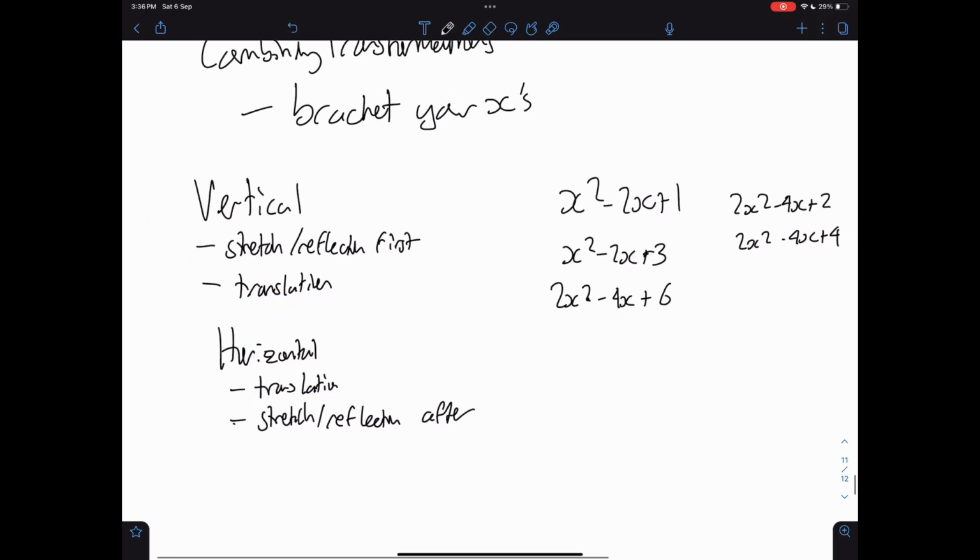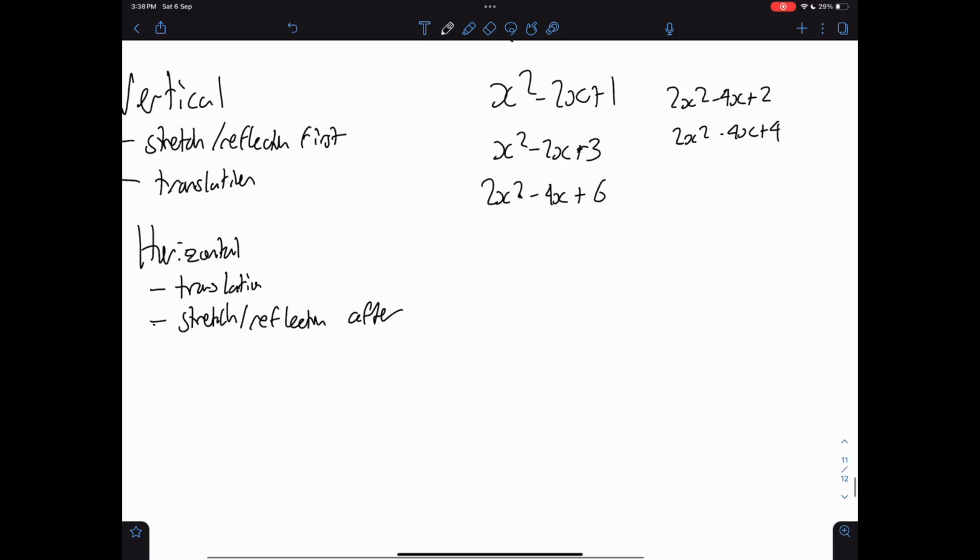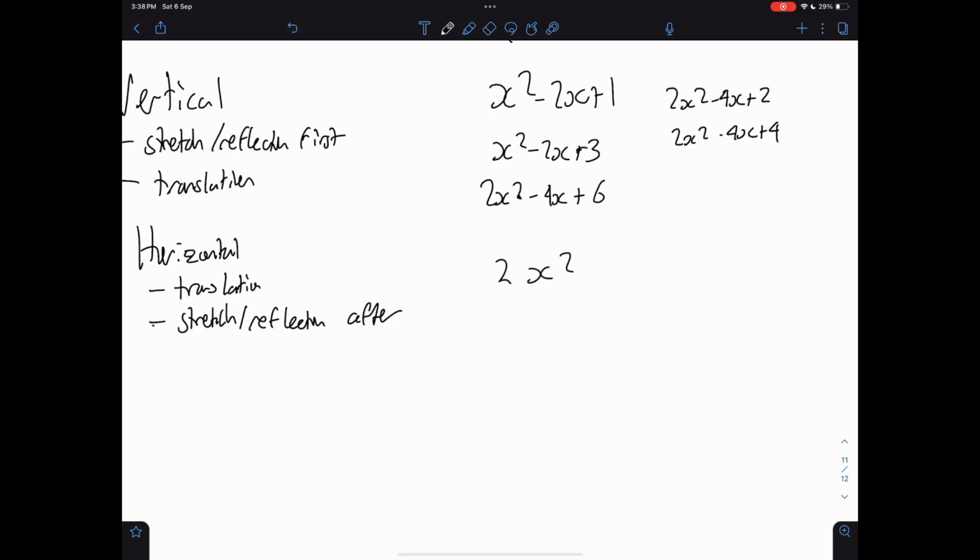For example, say if I did the stretch first, and then I did my transformation, this wouldn't be translating it 3 to the right.